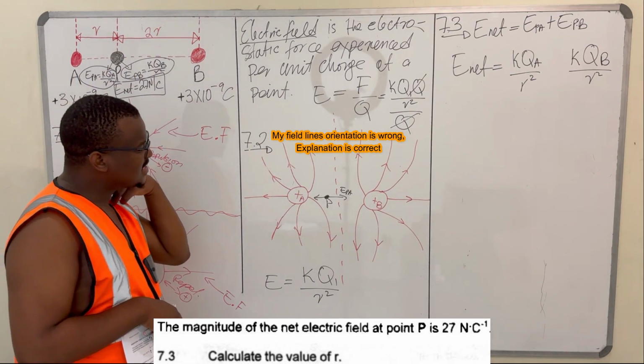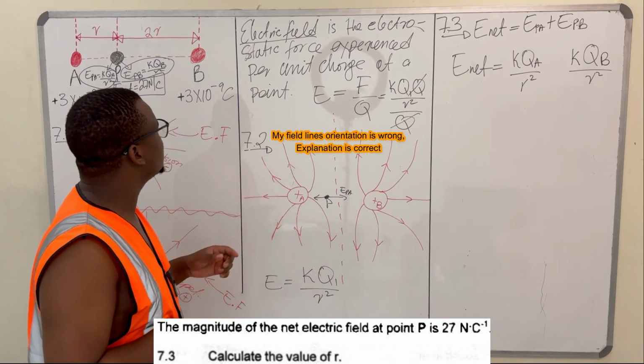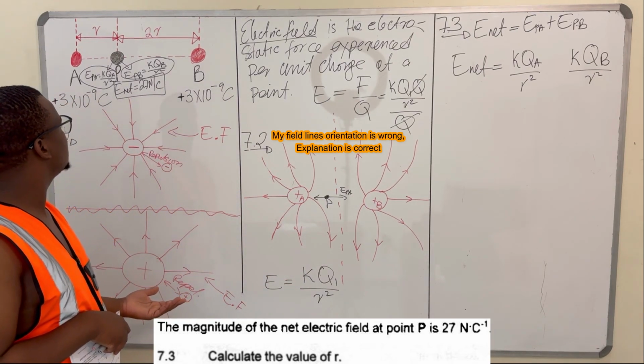So if they are saying the net electric field at P is equal to 27, right?